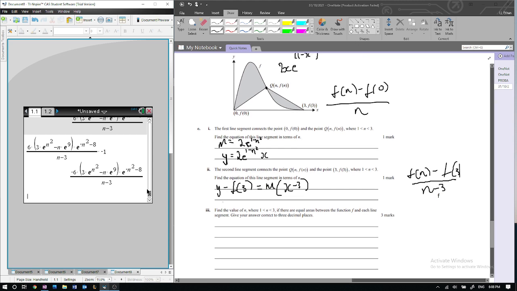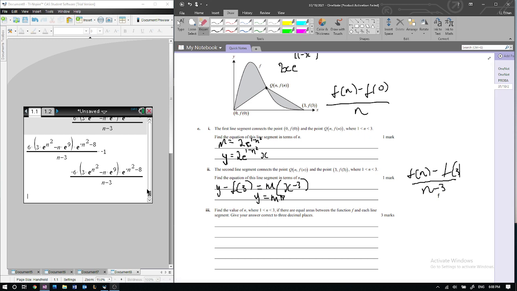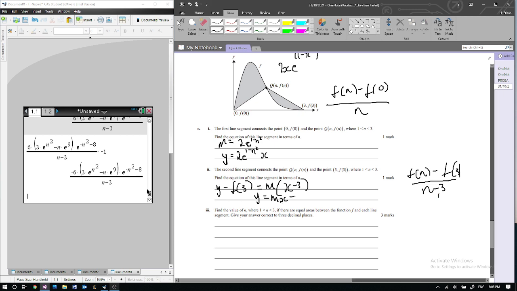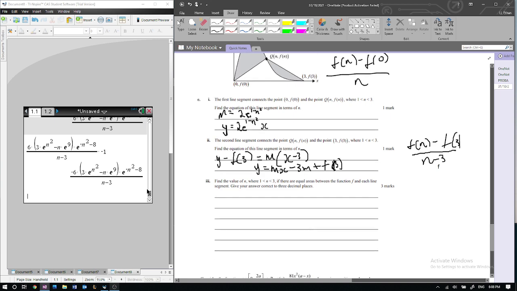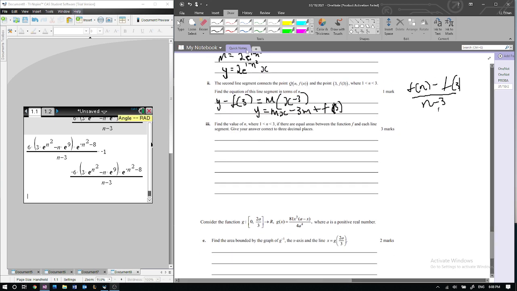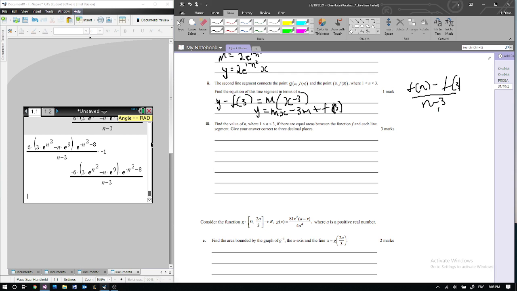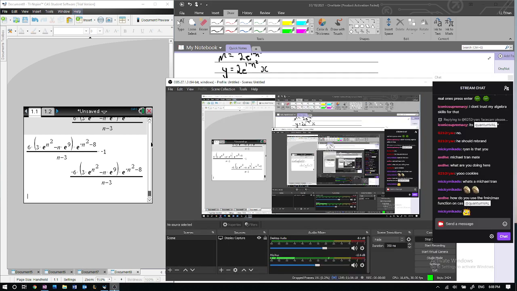I'm just doing things in my head, guys, to avoid having to write out a massive bunch of working. That means that y is equal to mx minus 3m plus f(3). I'm not going to expand, but you guys know what to do. When you have the gradient, you can just do that.